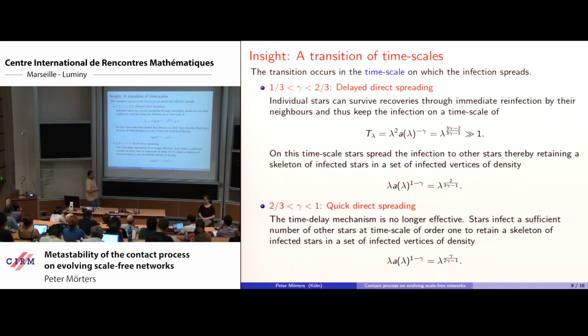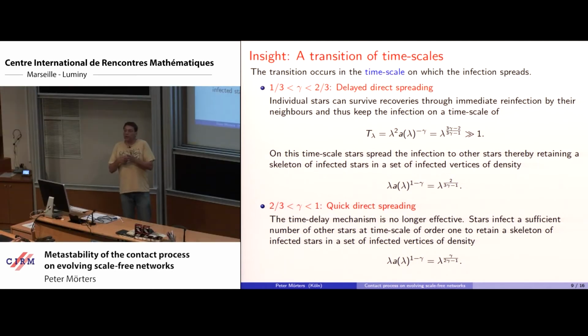Okay. If you have these strategies, how do they express themselves or manifest themselves in these exponents? Well, the set of stars has a density of a of lambda by definition, and a of lambda goes to 0, so the stars themselves don't create a density of infected vertices.